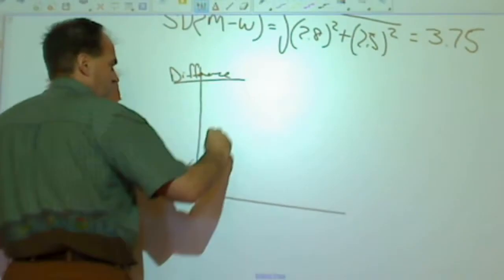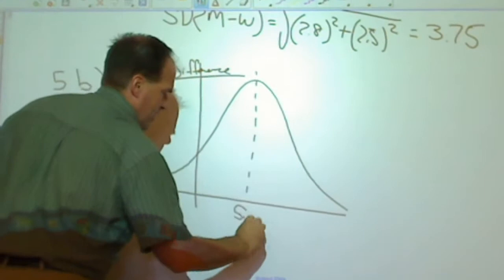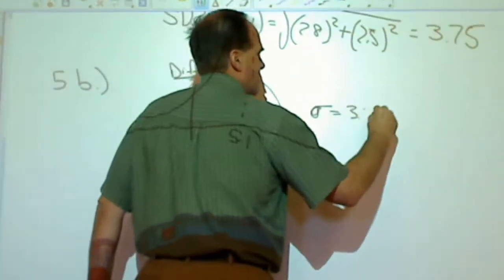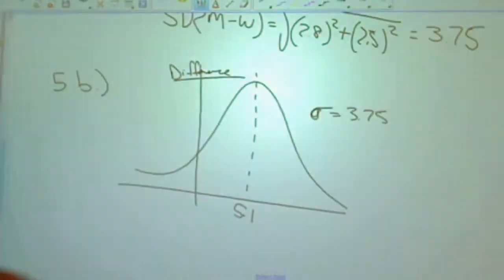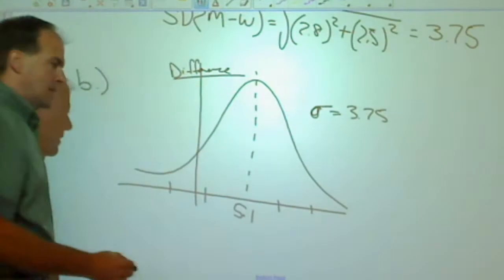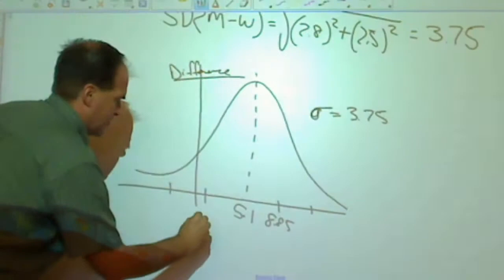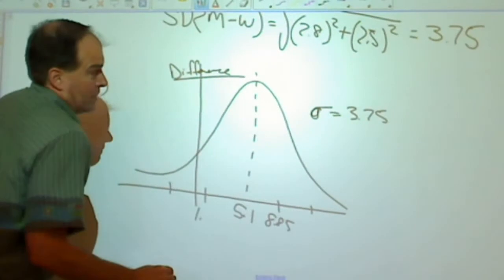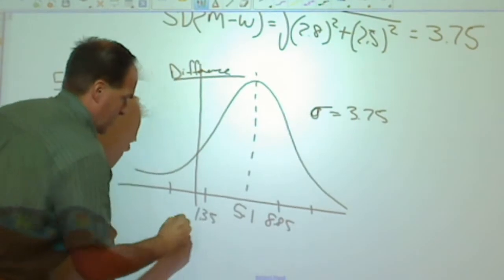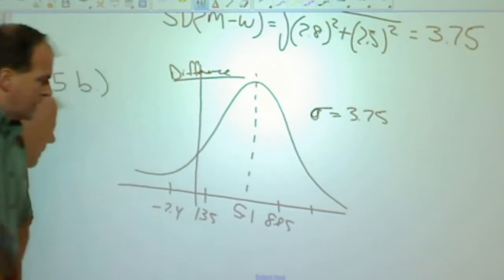So what did we say? The average difference is 5.1. We said the sigma is 3.75. Let's just do a couple of tick marks: 1 sigma, 2 sigma, 3 sigma. So 8.85. If I subtract, that would be 1.35, I think. And then we get negative numbers. Negative 2.4.